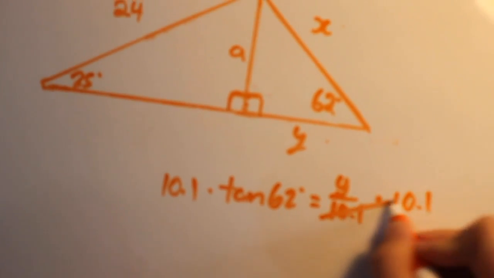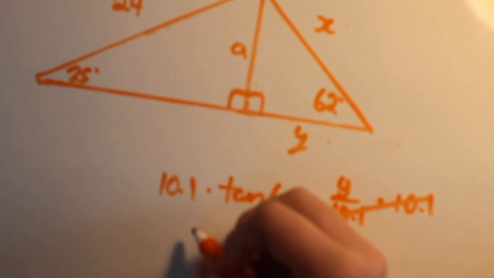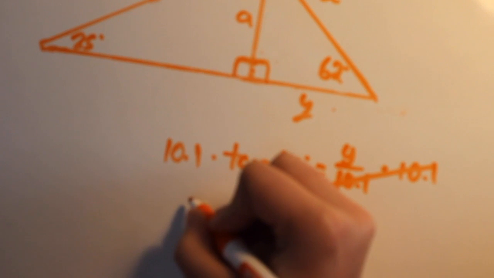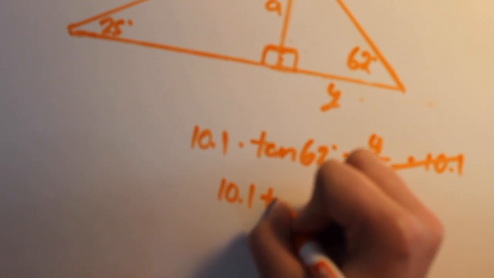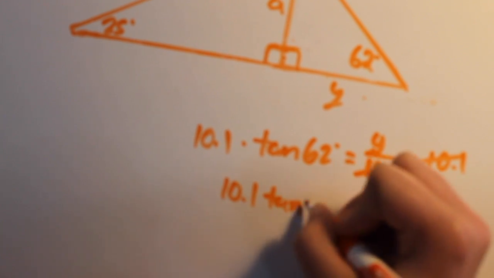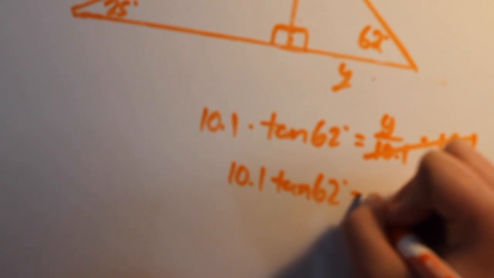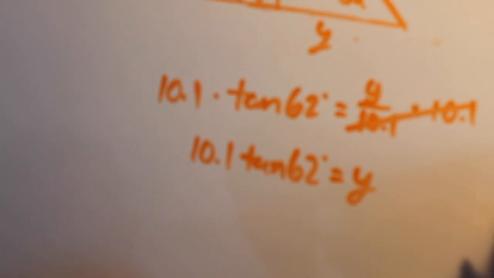So these cancel each other out, as in the last one, and then we get 10.1 tangent 62 degrees is equal to y.